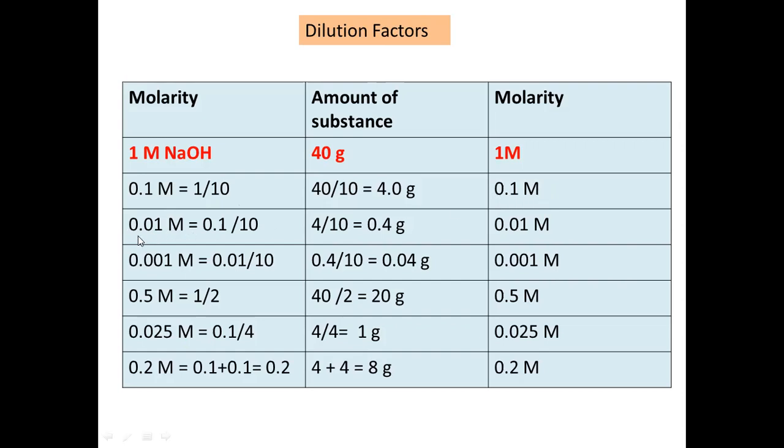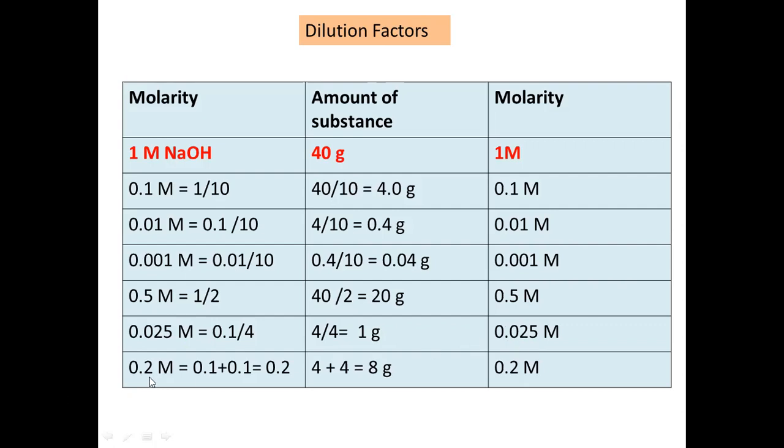Similarly, for 0.01 molar, 0.1 divided by 10, again the quantity will be divided by 10, so that is 0.4 gram, which corresponds to 0.01 molar NaOH solution. So these are some dilution factors. Similarly, for the popular 0.025 molar solution, 0.1 divided by 4, so the quantity for 0.1, which is 4 gram, will also be divided by 4. So 1 gram for 0.025 molar solution.